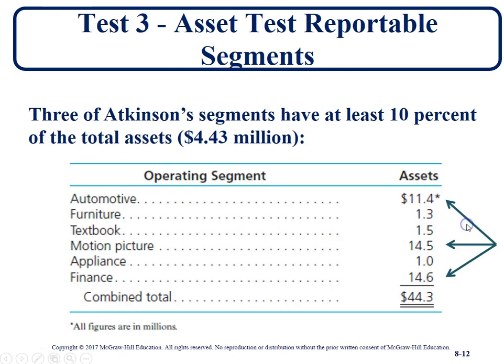And if we look at the profit segments, we have 3 that are reportable. Automotive is greater than 1.67. Motion picture is greater than 1.67. And, oh, I'm sorry. Go back here. I'm looking at the wrong one.